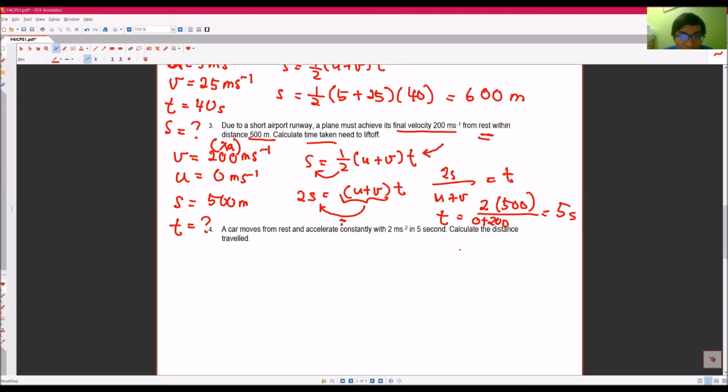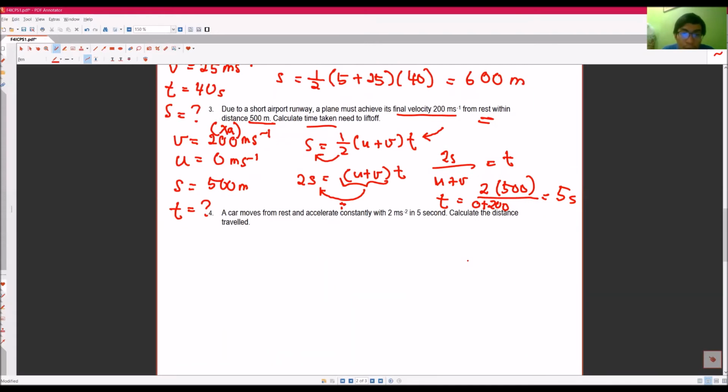The next one. A car moves from rest. From rest means the initial velocity is 0. Accelerates constantly with 2 ms-2, so that's a, in 5 seconds, that's t. Calculate the distance s.